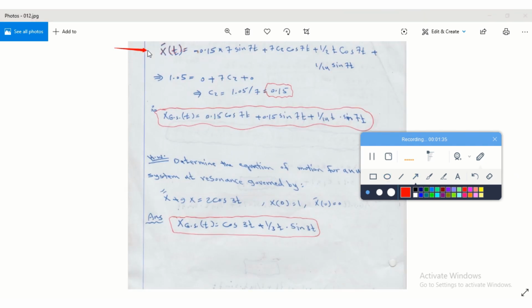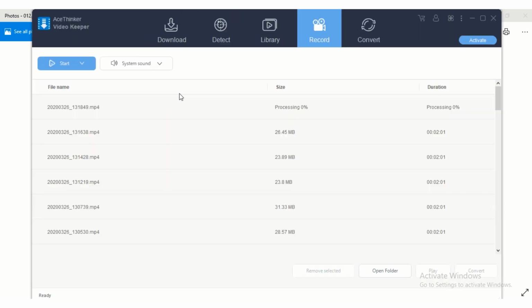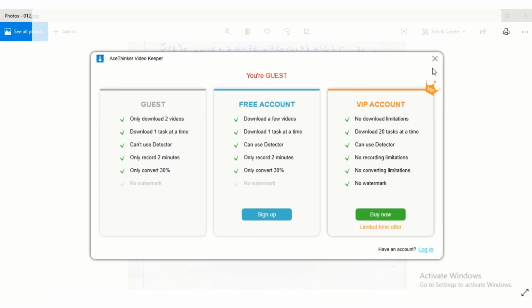To substitute the initial velocity at t, we need to derive the equation first. We derived this one and got the first derivative. Then we assume the velocity here, which is 105 centimeters per second. We convert it to meters per second. Now we will get c2.